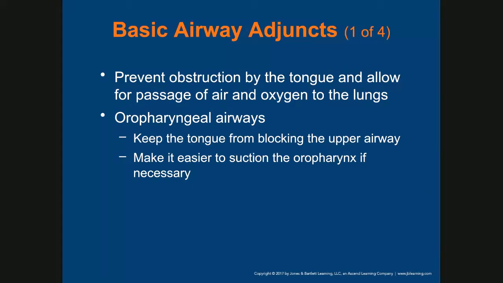Basic airway adjuncts prevent obstruction by the tongue and allow for passage of air and oxygen into the lungs. I have the oropharyngeal airway, which goes into the mouth. It keeps the tongue from blocking the upper airway, and it makes it easier to suction the oropharynx if necessary. So you can suction to the side of that device.